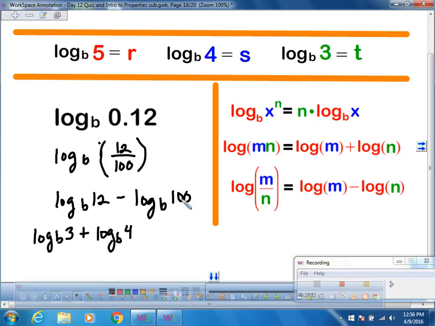Well, 100 is actually 25 times 4. We could do that. Let's just do that. We'll go slow. Log b of 25 times 4.